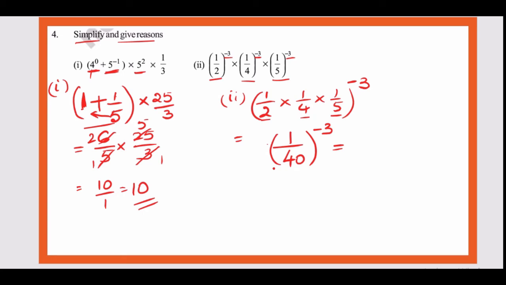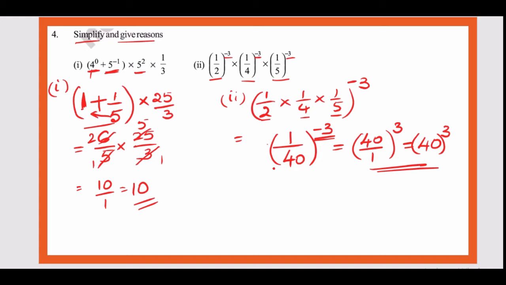Now, since we have a minus in the exponent, whenever you have a minus in the exponent, you just reciprocate it and take the opposite sign of that particular exponent. Now this gives me the answer as 40 power 3. So the answer is 40 power 3.